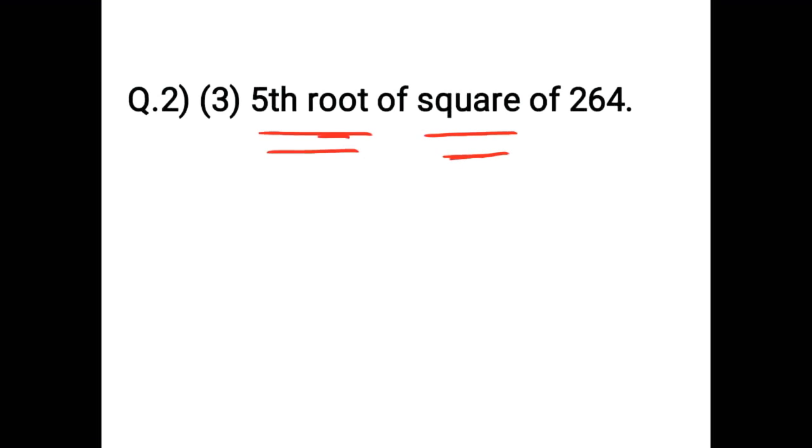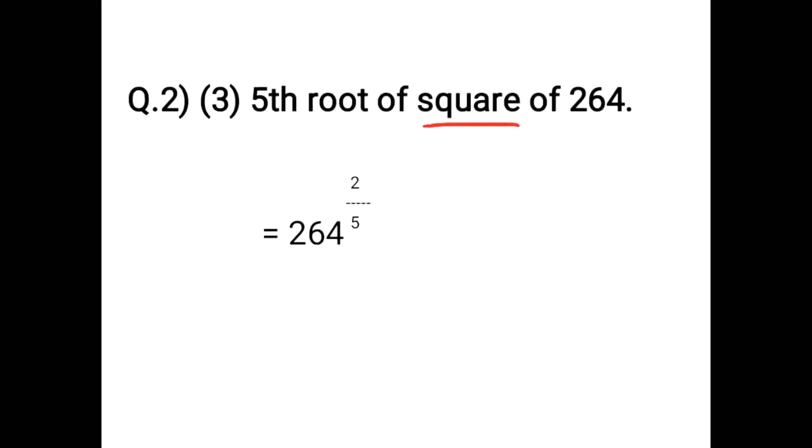First is given root, second one is given power. Okay, so answer will come 264 to the power 2 upon 5. Square means power of 2. Power of 2 will come index fraction on numerator. Fifth root will come index fraction on denominator. Okay.